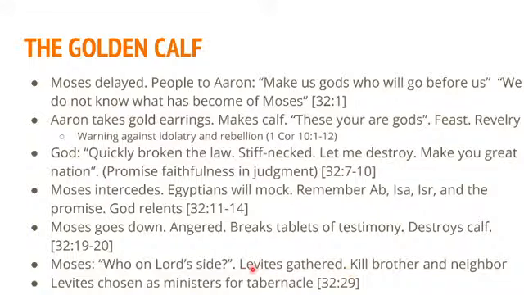And because of the faithfulness of the Levites, where they were willing to even kill their own brother and their own neighbor, because of their great devotion to God, that is when the Levites were chosen as ministers for the tabernacle. God said, because of that act of devotion, you all are going to be ministers in the tabernacle.